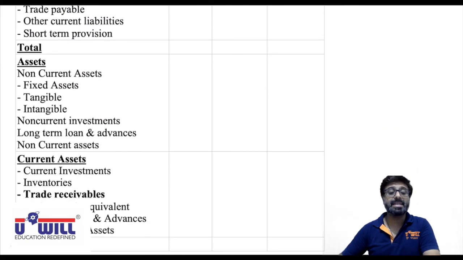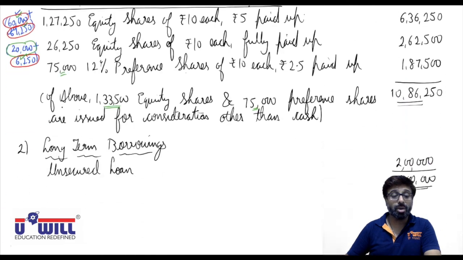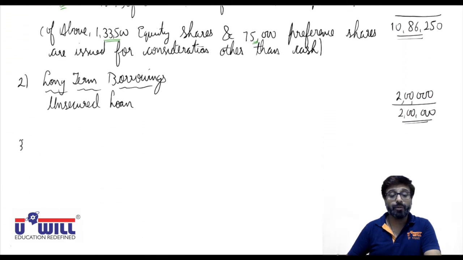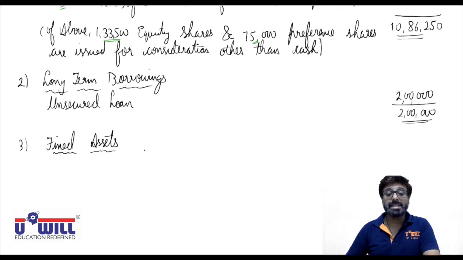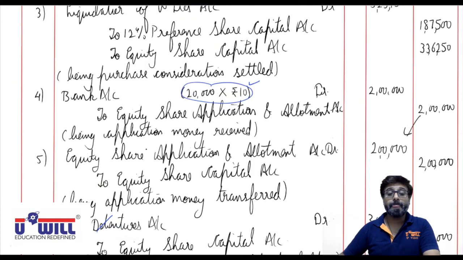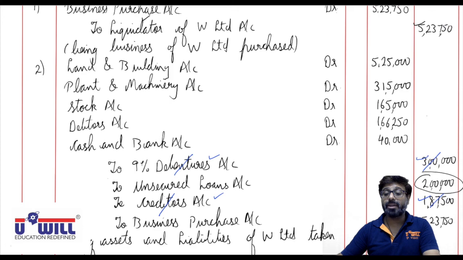Directly non-current assets, fixed assets. So the third note is straight away for fixed assets. What will we have in fixed assets? Look at the second entry. Land and building, 5,25,000.